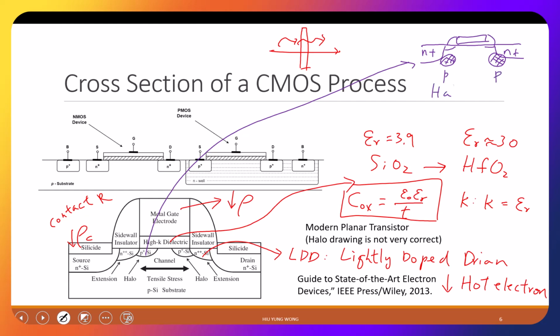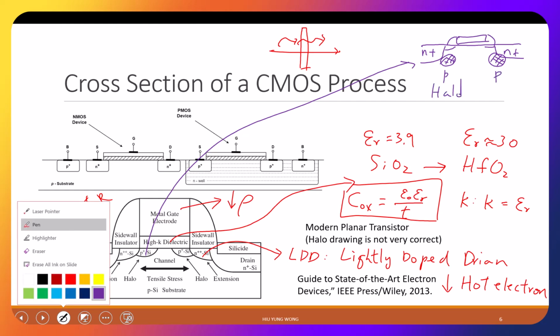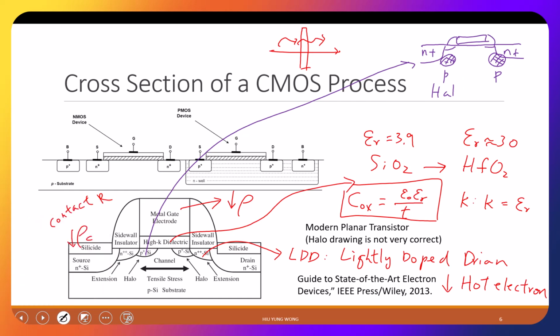And this is called halo. It's easy to understand why it is called halo, because it is like a halo, right? But the main purpose is this. Remember, the substrate is P-type anyway. We add some larger P-type here to avoid the punch through, because when the channel is very short, your source and drain are close to each other, and you will get a lot of leakage current through the bottom. So the halo is there to avoid the punch through.